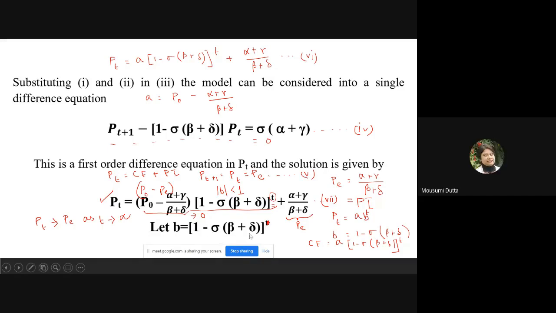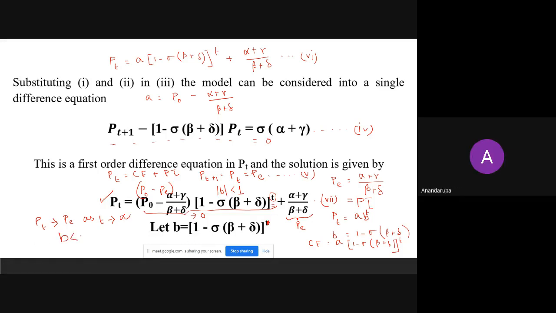Okay. So you are subtracting a non-zero positive value from 1. So B should always be less than 1.